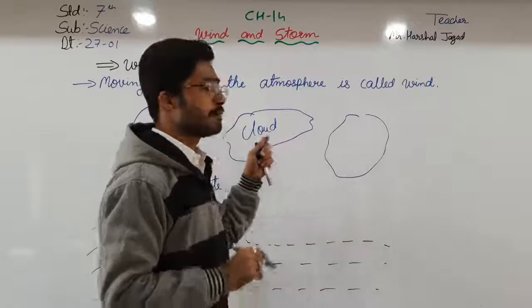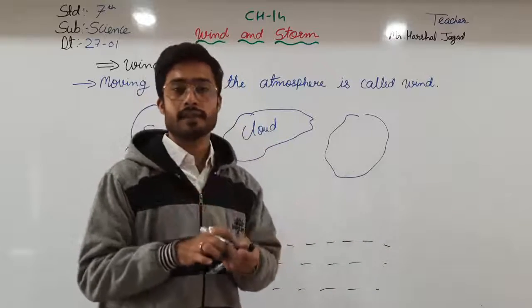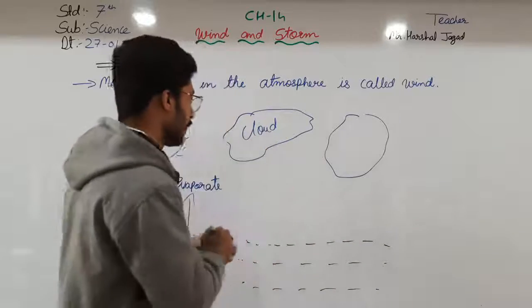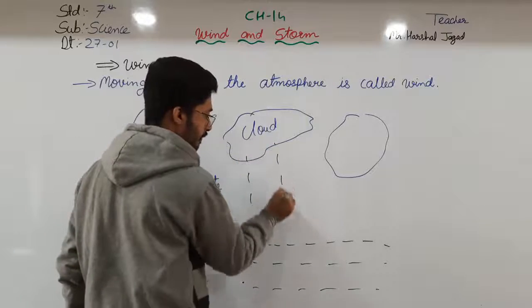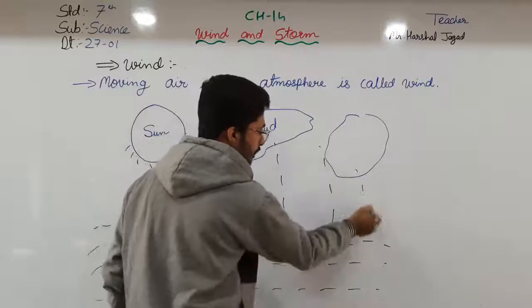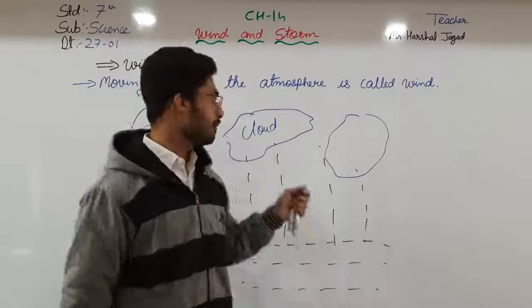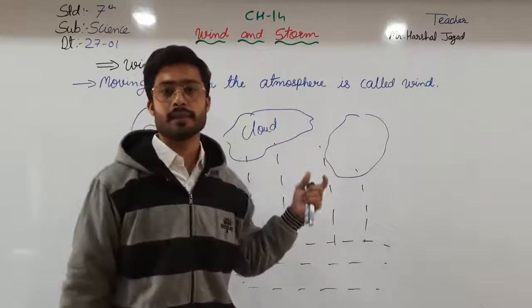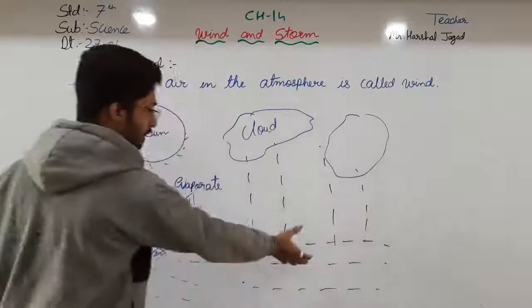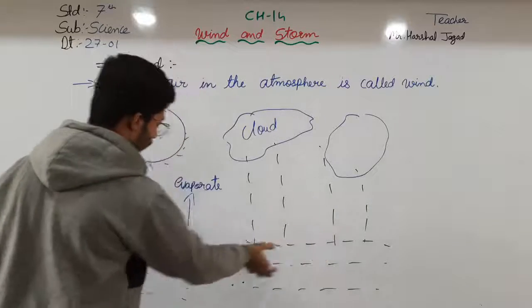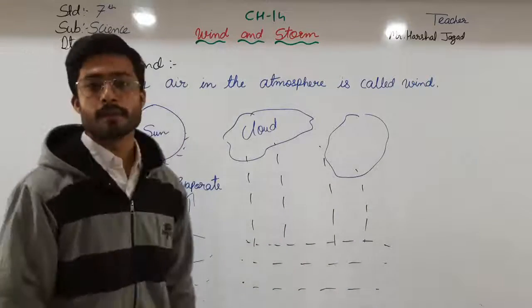Then at a certain temperature and weather condition, the rain will fall. In this way, the rain is formed. And then again, the unused water will go towards the sea or the ocean.